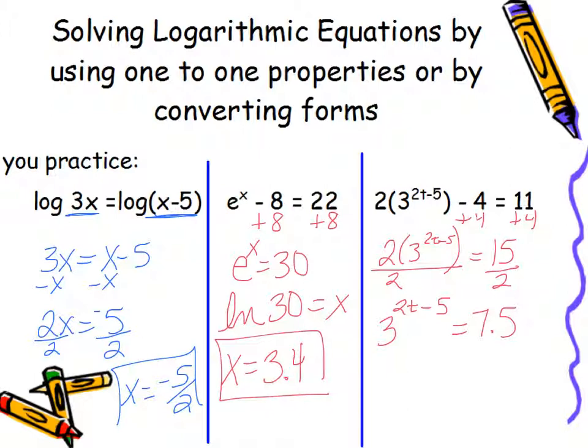So when you switch it to a logarithm, it's going to be a log base 3 of 7.5 equals your exponent. And that manages to get your t out of the exponent, and it's just a matter of isolating it and adding the 5 and dividing by the 2. Now, I know that's what I'm going to need to do, but let's talk about this side over here, because that's a little bit weird.